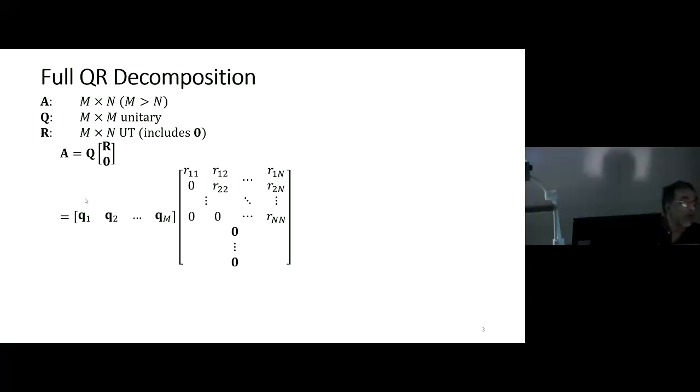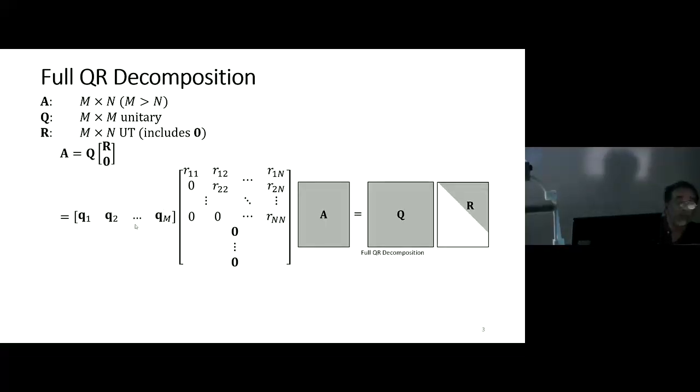It won't affect the product. It'll still be A. Instead of negative Qm, if you want to use some other vector, this might not be a unitary matrix anymore, but it won't affect the product because this is going to get multiplied with 0. In fact, a whole bunch of them are going to get multiplied with zeros.